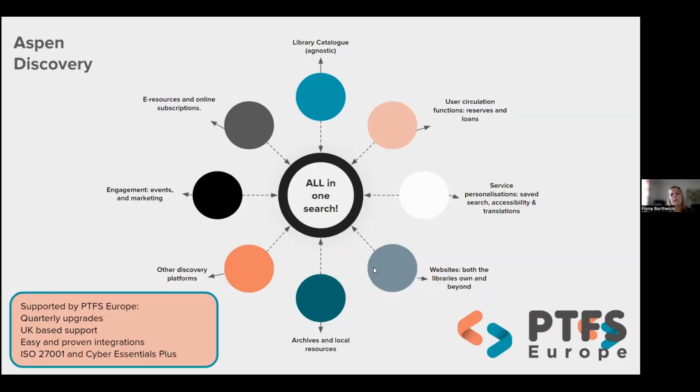So just to recap, what is Aspen Discovery? It is the front end to your library management system where your library users can do a search across multiple resources from one platform.